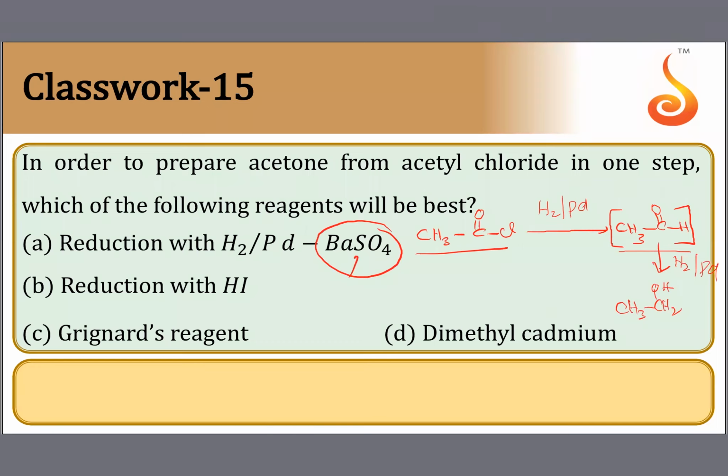So in the presence of barium sulfate, the reaction will be stopped with acetaldehyde only. That is nothing but Rosenmund's reduction. Acid chloride is reduced with Lindlar's reagent to give acetaldehyde. So this is the correct answer, right?